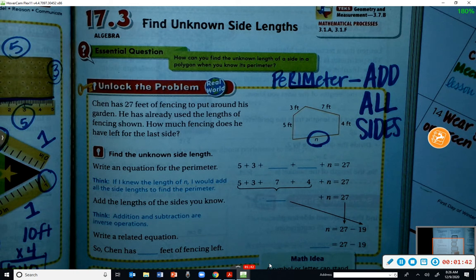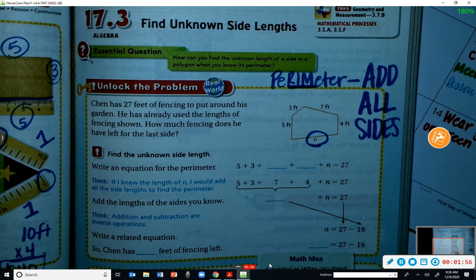Okay, so anytime you hear fencing or border, what should you think of? What should you think of, Brandon, if you hear the words fencing or border? Should we think of area? Multiplication? Subtracting? Perimeter?